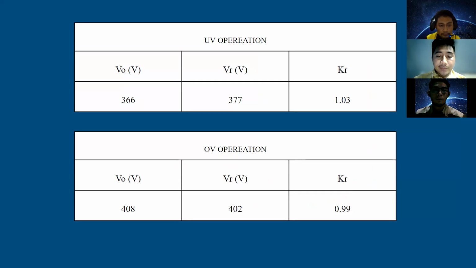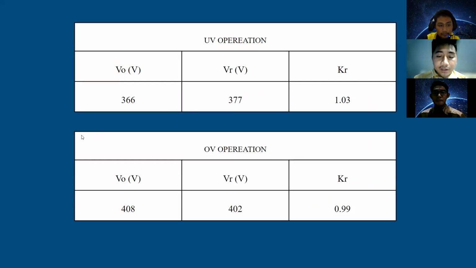I will explain briefly about the under voltage operation. First of all, we need to reset the system. To reset the system, we must push the stop button first. Then we can hold the start button. When we push start, we increase the voltage until 380 line to line.